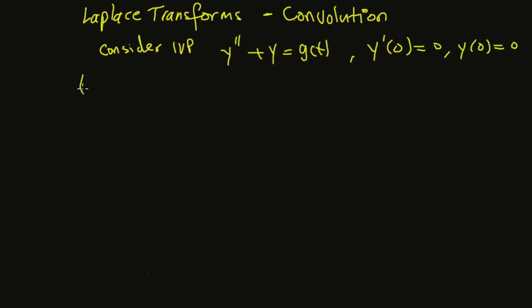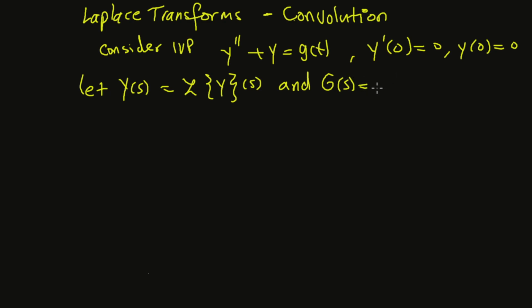So let, of course, capital Y of s be the Laplace transform of y on s, and capital G of s is going to be the Laplace transform of g on s.